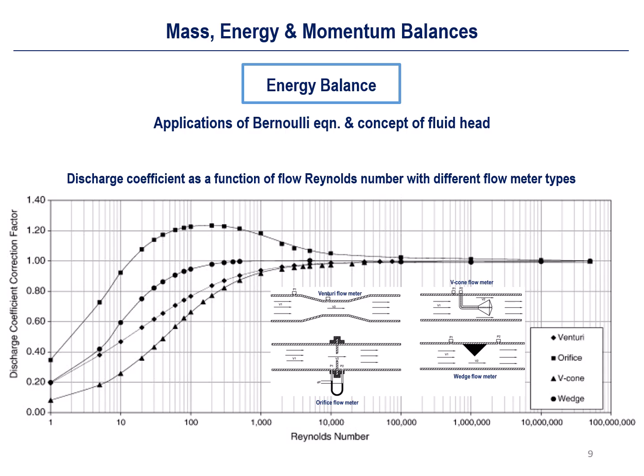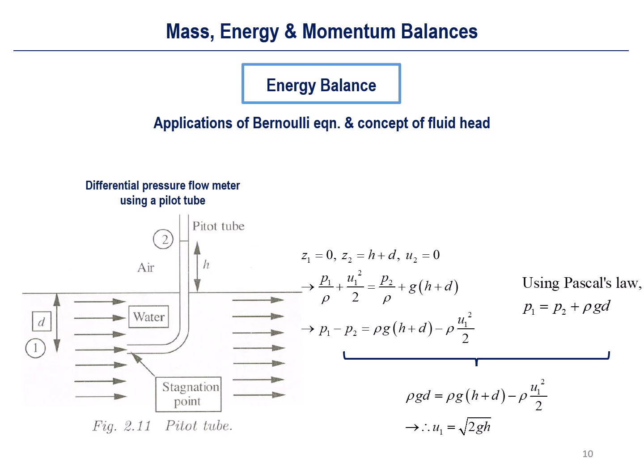Okay, now let's take a look at some examples about situations with this L-shaped pressure flow meter. This is actually called a pitot tube here.